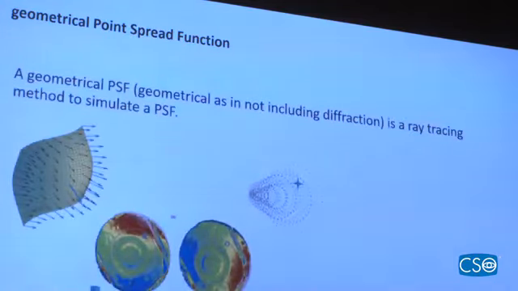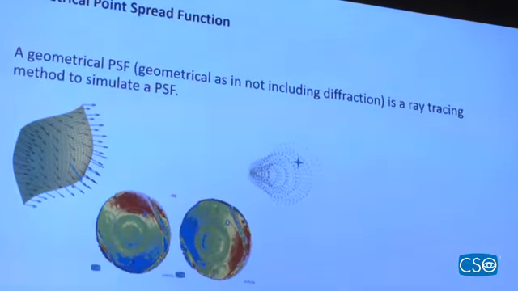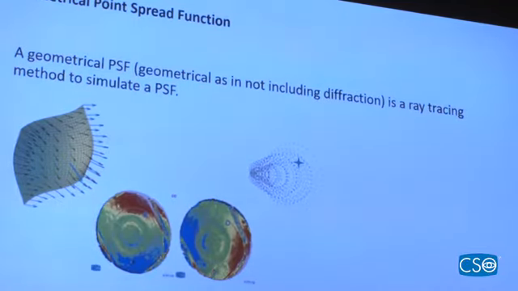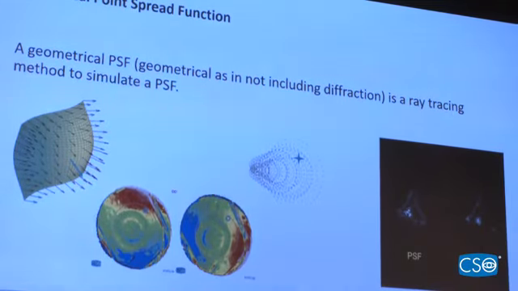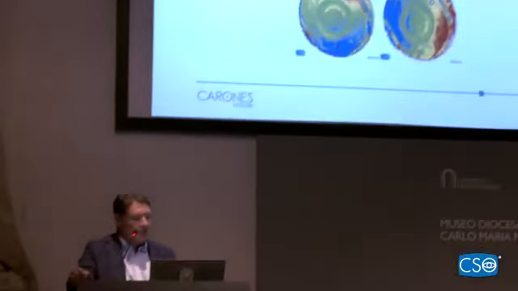So you see here, the geometrical point spread function does not include diffraction. It's a ray tracing method to simulate point spread function, which means that if you see here in the image, if you compare the details, let's say the accuracy of a point spread function versus the geometrical point spread function, you see how you may get more consistent and more geometrically derived data than point spread function.